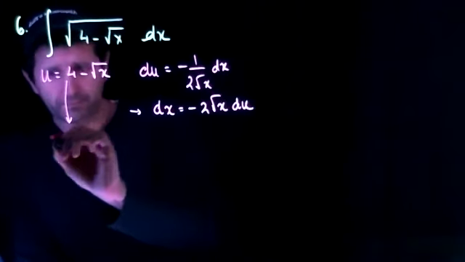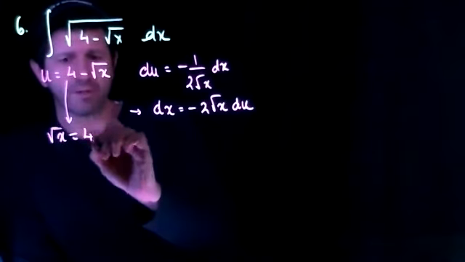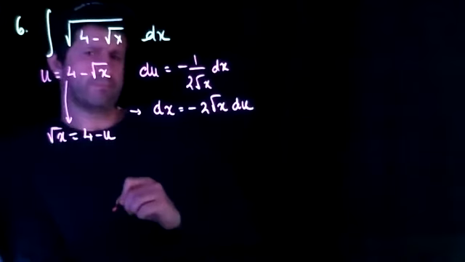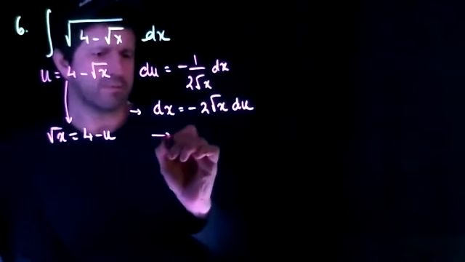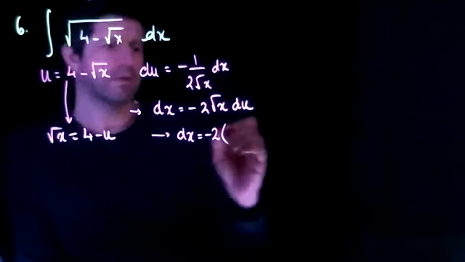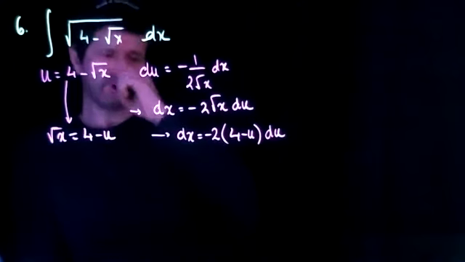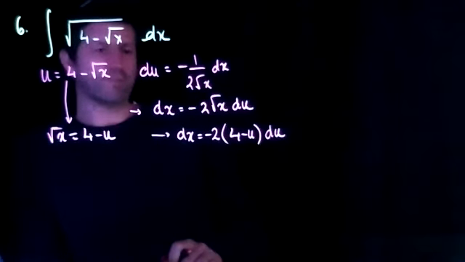But the square root of x, I also know the square root of x is 4 minus u. And so this means that dx is negative 2 times 4 minus u du. And here's my substitution.